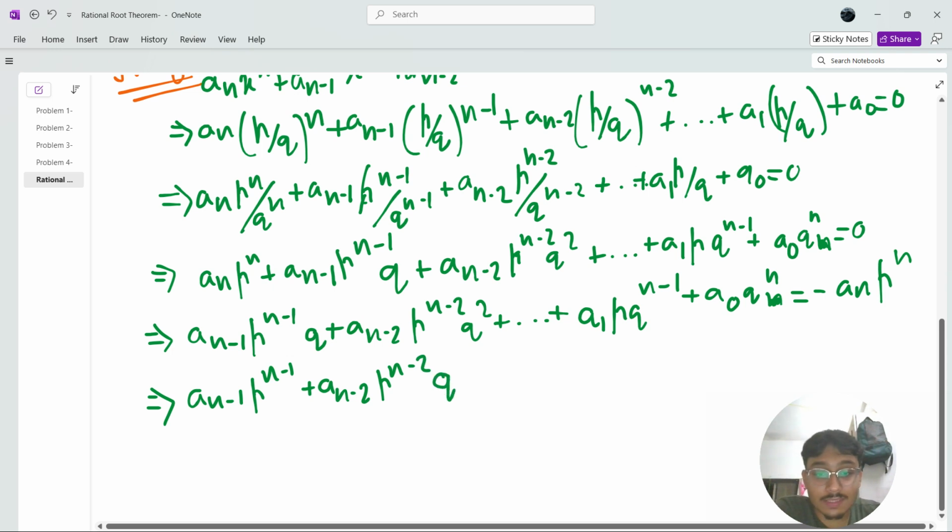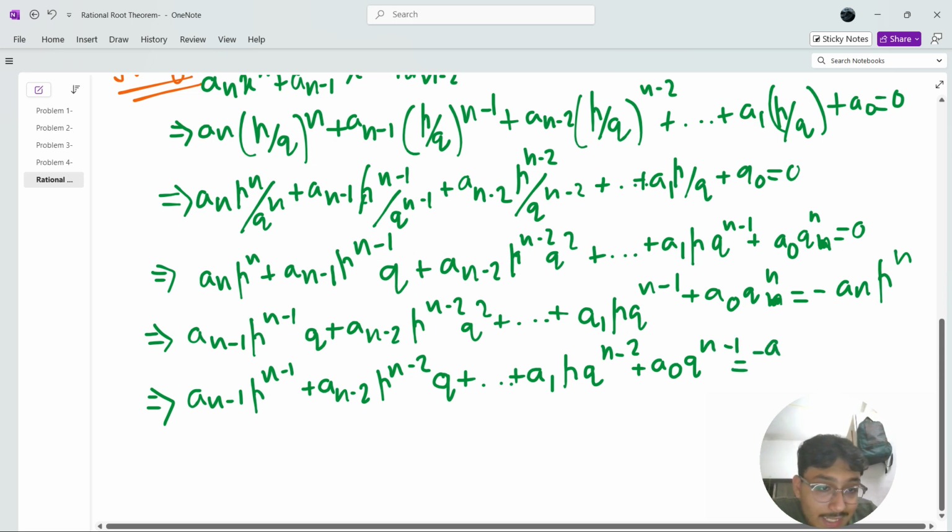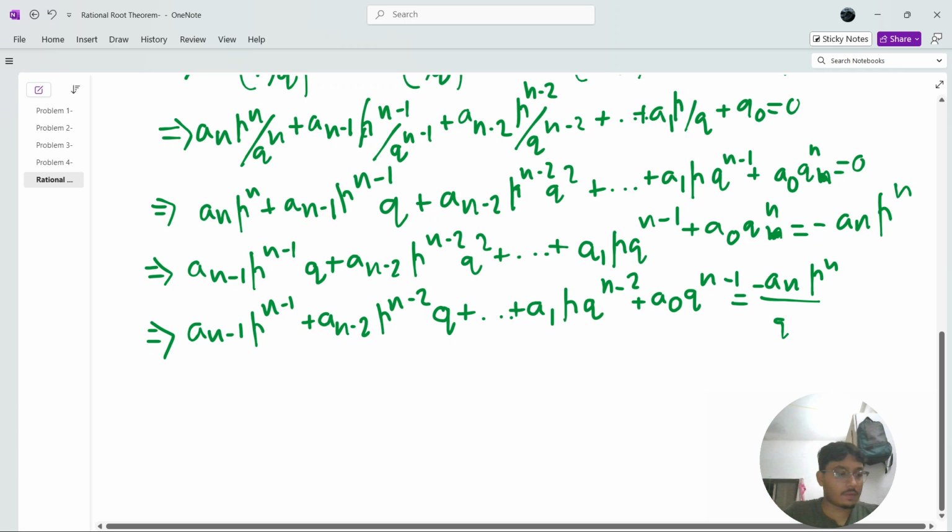I am left with one q, it's q square, one q goes to the other side and one q is left here, plus dot dot dot plus a_1 p q^(n-2) plus a_0 q^(n-1) is basically minus a_n p^n by q.